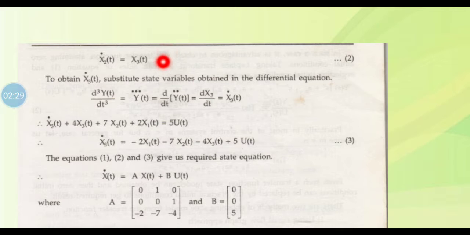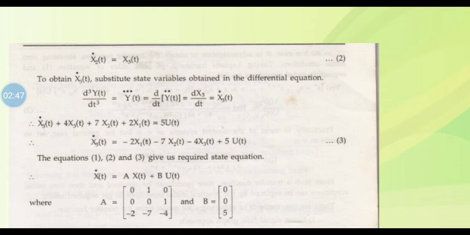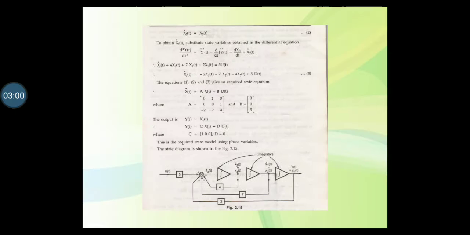Now we have to obtain x3 dot(t). To obtain it, substitute the state variables into the differential equation. d³y(t)/dt³ is y triple dot(t), which is d/dt of y double dot(t), which is dx3/dt, which is x3 dot(t).